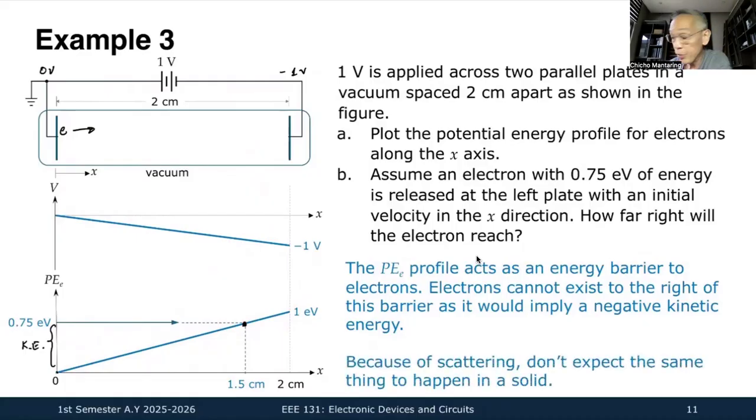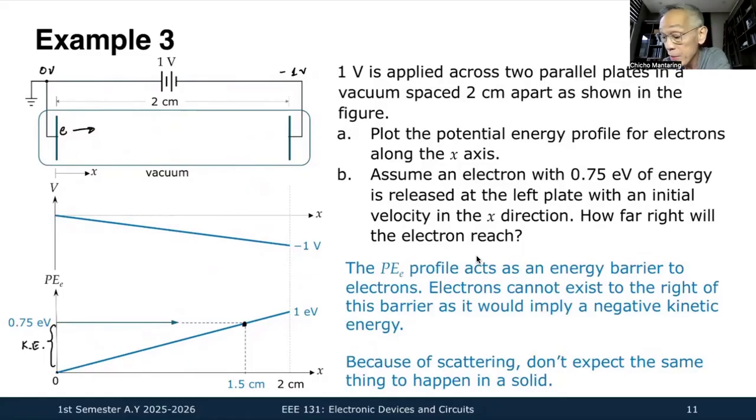By the way, we don't expect the same thing to happen in a solid. So it's emphasized here that this is a vacuum. If I release an electron, if this were, for example, a semiconductor solid, this voltage profile might be true, because this would just look like a uniform resistor.